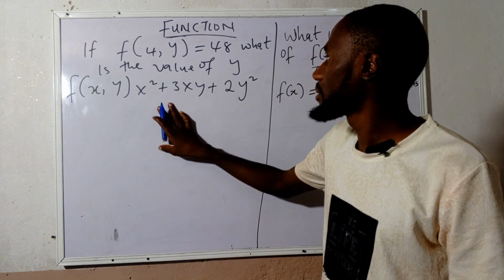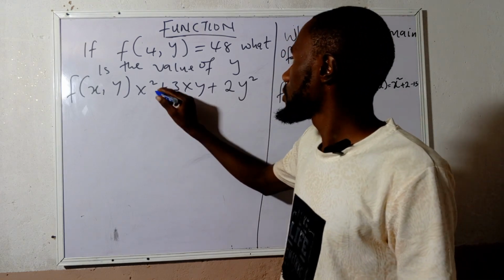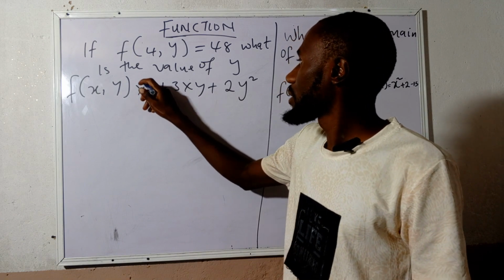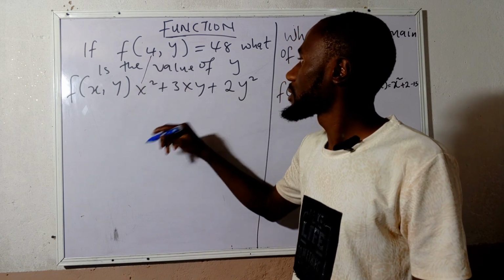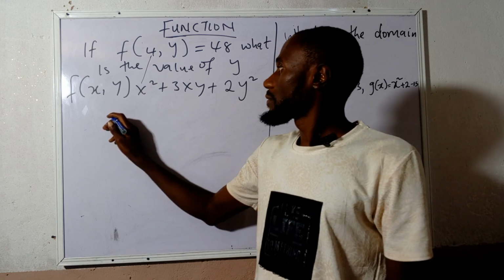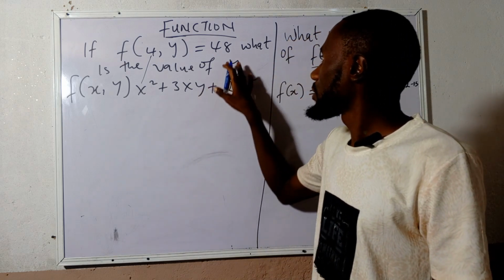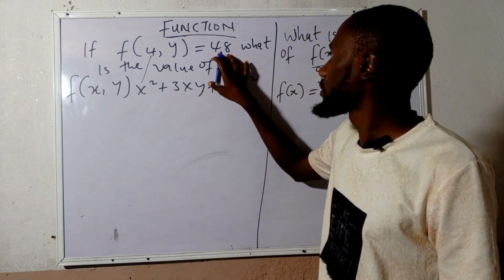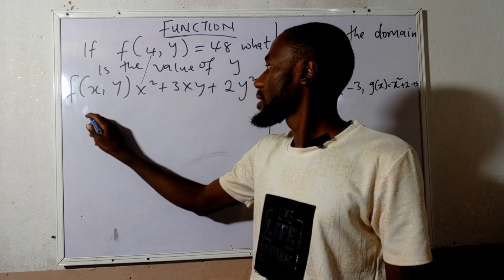Since y is the unknown, we are going to substitute the value of x here as 4 directly. Therefore, we have, and don't forget the total is equal to 48.